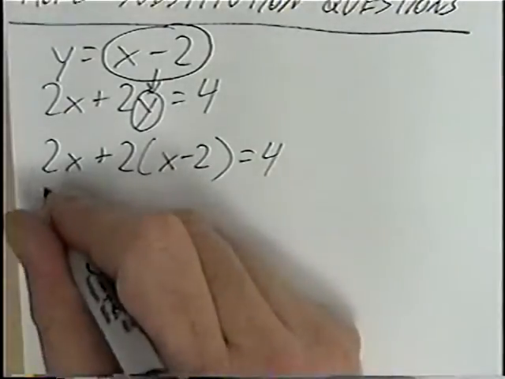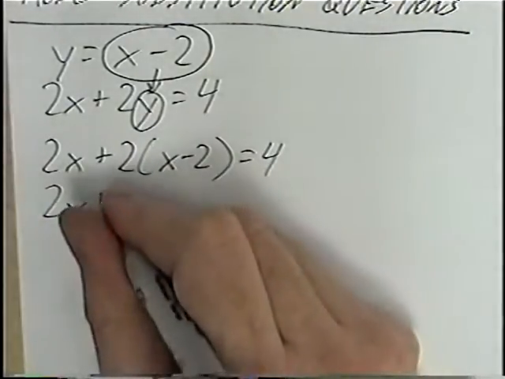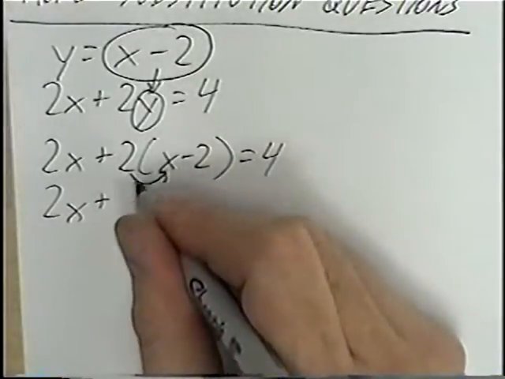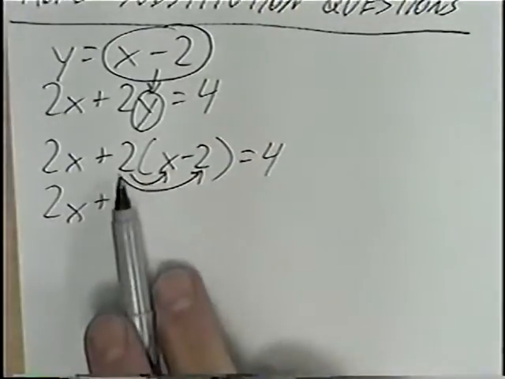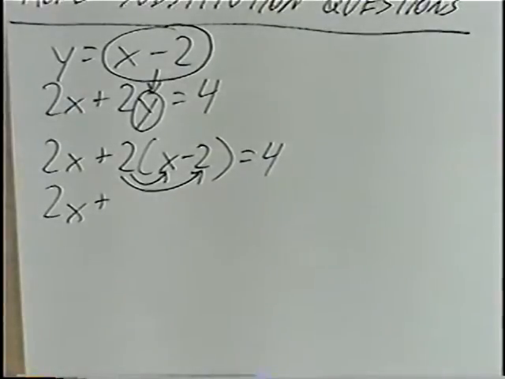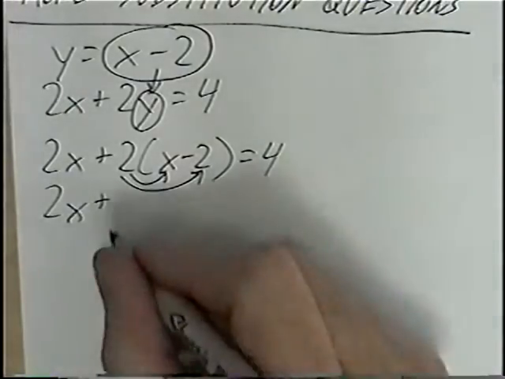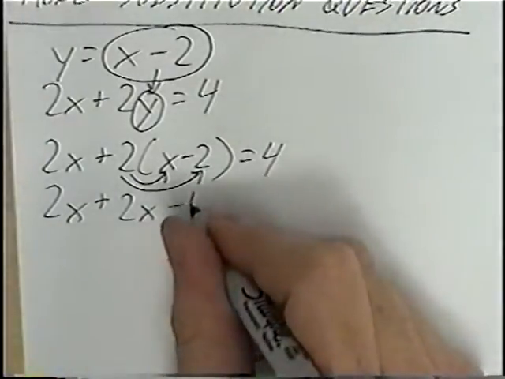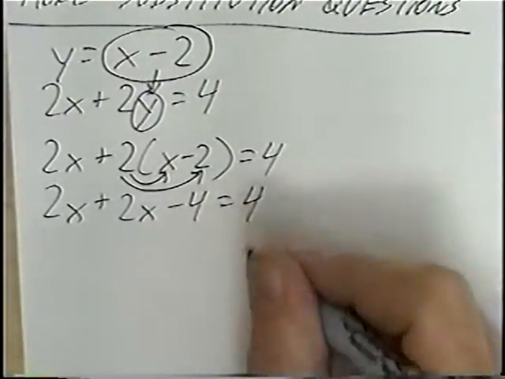Solving from here, 2x would stay the same, plus 2 times the parentheses. If you remember, we'll use distributive property, multiplying each term by 2. 2 times x would be 2x, and 2 times a negative 2 would be negative 4, equals 4.